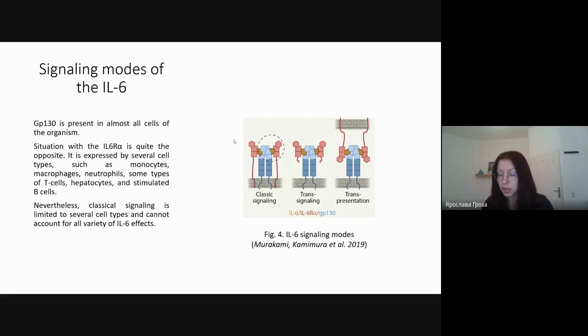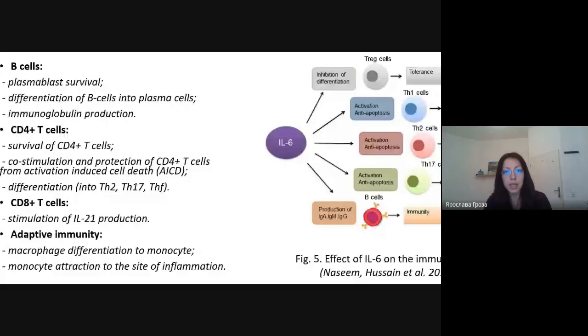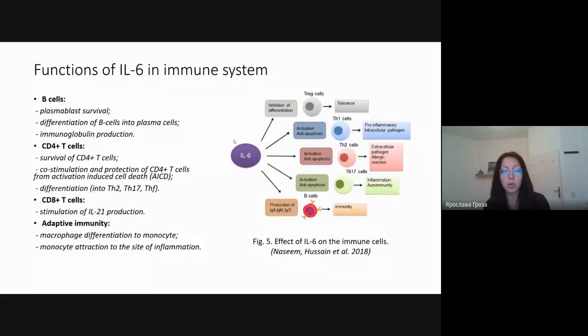The third way of signaling is transpresentation of interleukin-6 by dendritic cells to CD4+ T cells. In this way, interleukin-6 is able to function on many cells, and mostly it's known because of its function in the immune system.